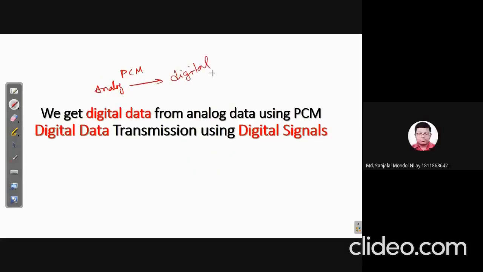This digital data we can transmit using digital signals, and also using analog signals.